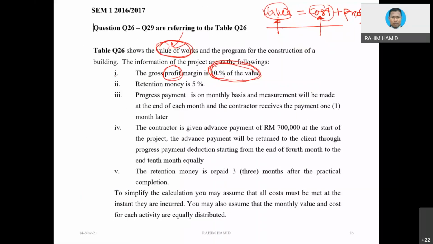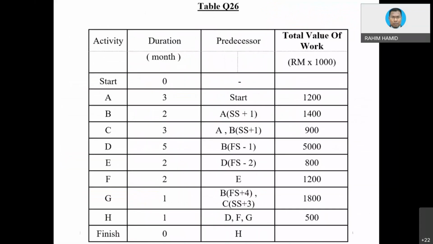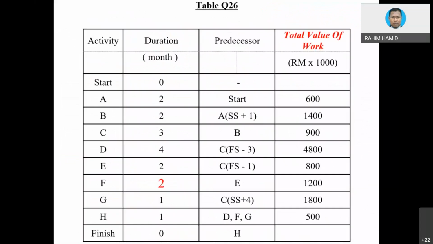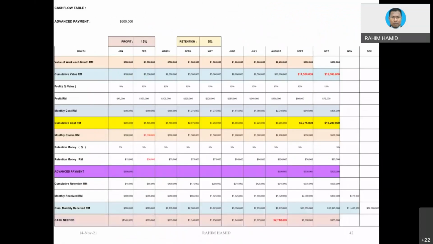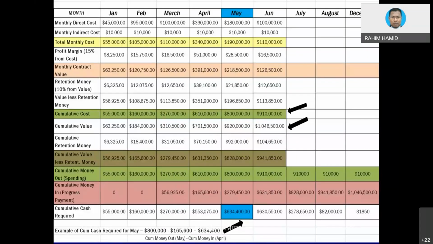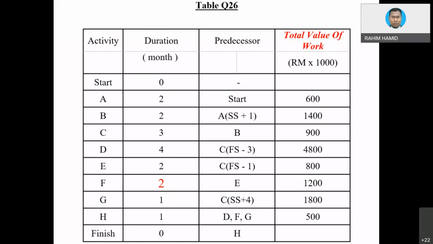So don't get confused, because in other questions, let me get the other question. Do we have any question? Okay, unfortunately, in all the sample questions that we mentioned here, except the last example, we use the cost. But for the exam question that I put here, everything is about value.